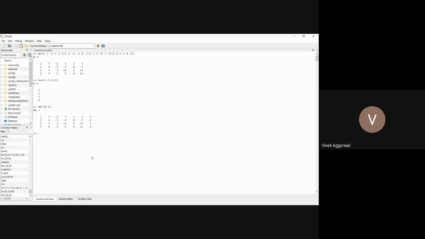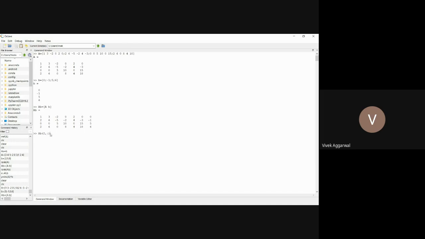Okay, so now I'm going to start making this matrix into the echelon form. So you can see that the first element is 1. So I have to multiply the row R1 with minus 2 and add to the row 2. And that new row should come at the R2 place. So see, if I write AB and suppose I write 2 and then comma and I write colon, it means that we are taking the second row, and colon means all the columns.